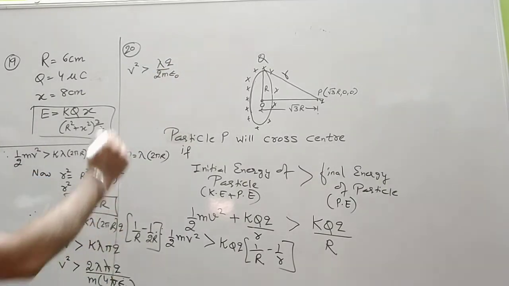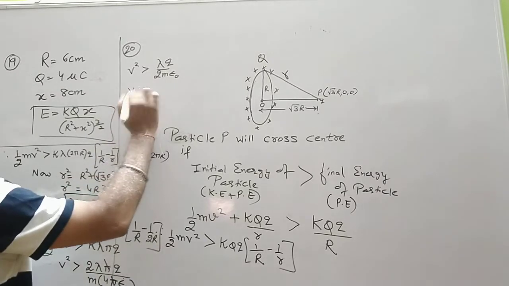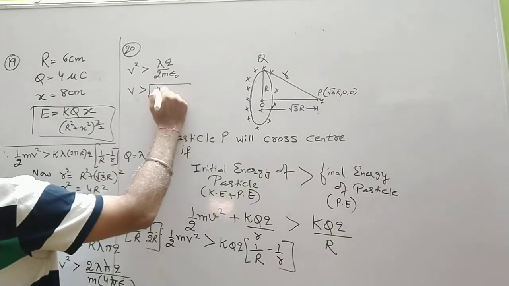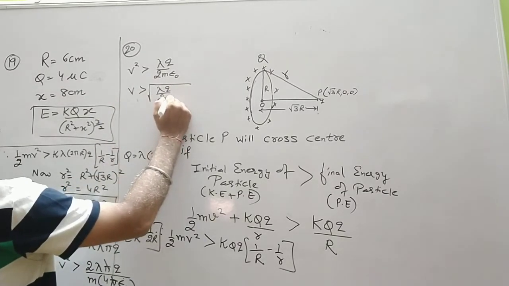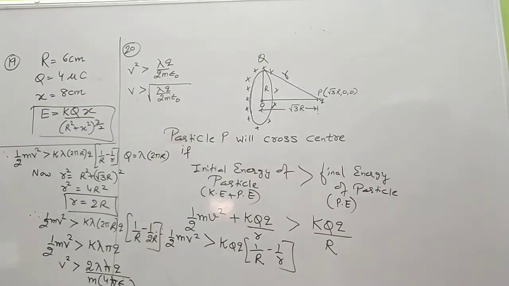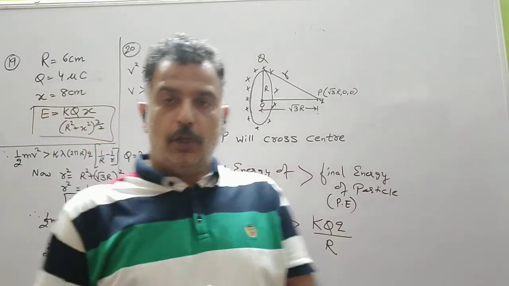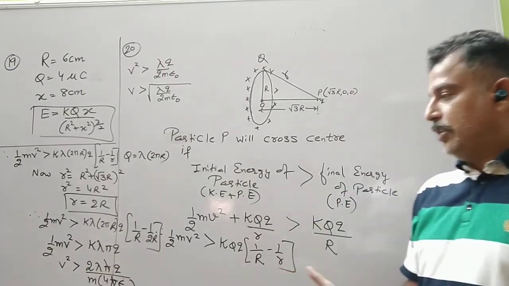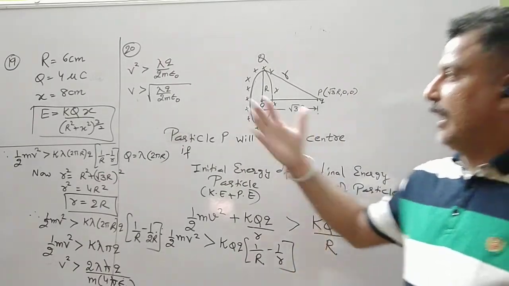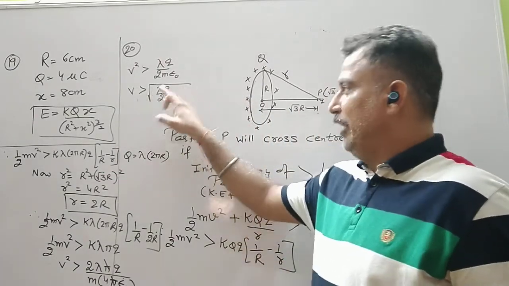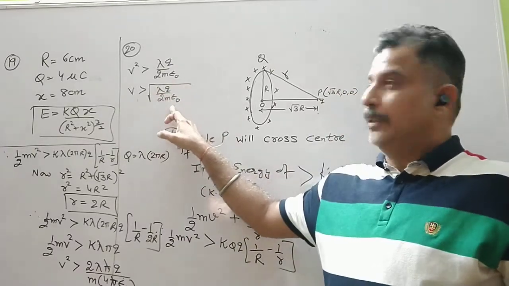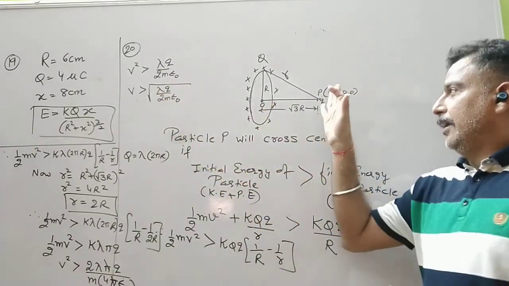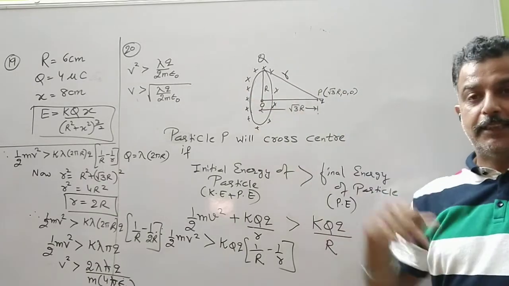This is v square. So v is greater than under root lambda q upon 2m epsilon naught. So if the speed with which this particle is projected is greater than this value, this is a constant term, then only this particle will cross its center.